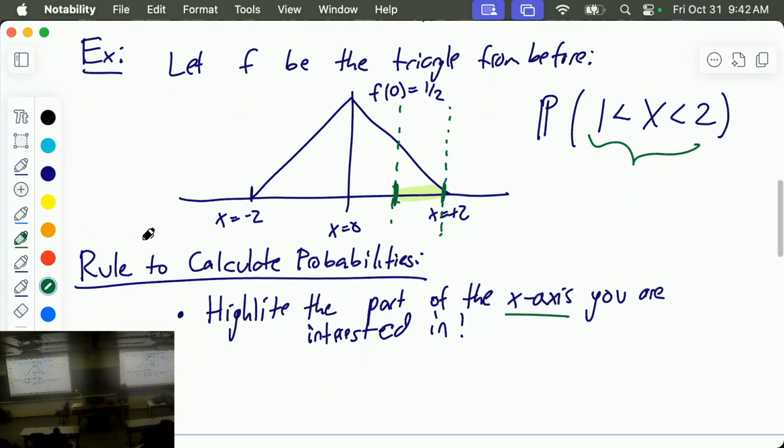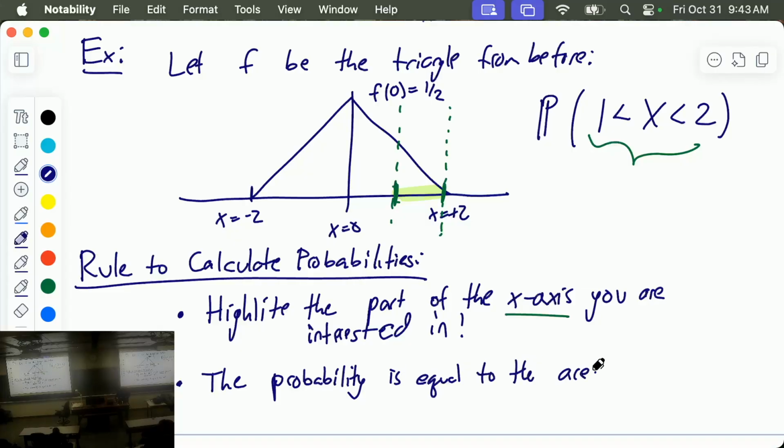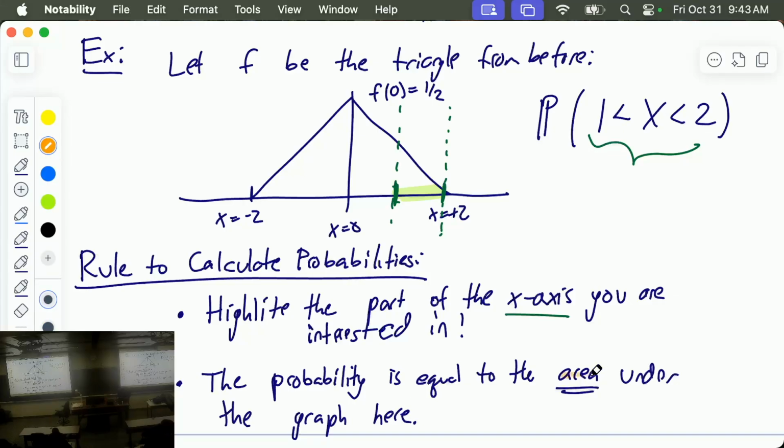And then the second step is the probability is equal to the area under the graph here. Okay, and let's make this orange.